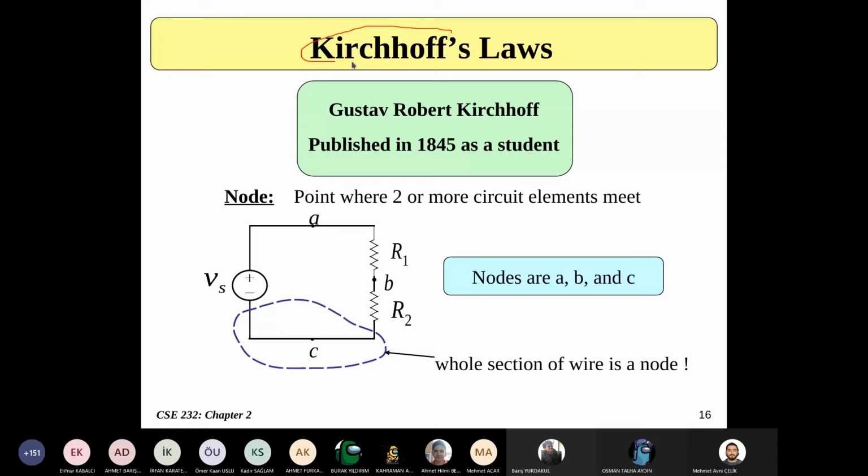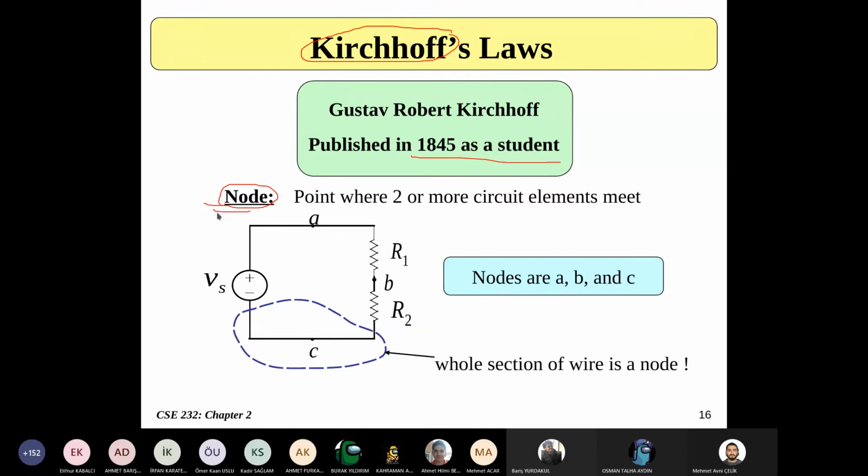I don't know where this guy is from, so I'm not sure if I pronounce his last name correctly, but his real name is Gustav Robert Kirchhoff. He published the Kirchhoff's current and voltage laws when he was just a student like yourselves right now.